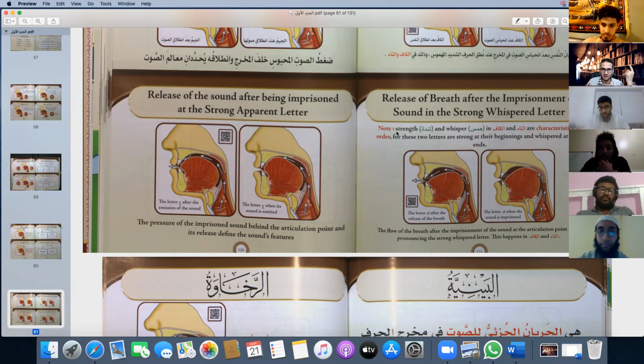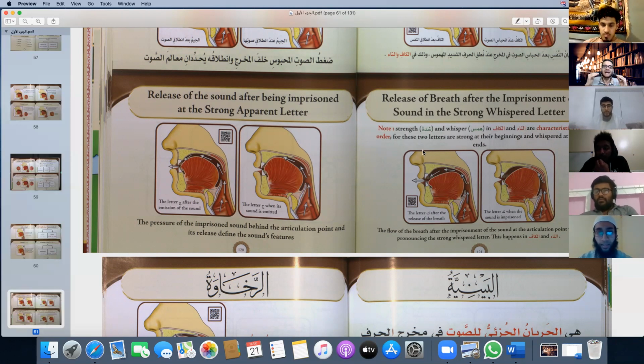Look at this page here. We have a note: strength, or shidda, and whisper in kaf and ta are characteristics in order. What does it mean in order? It means that with ta and with kaf, I have two parts. Normally I say it quicker, but I'm demonstrating now slowly in order to understand.